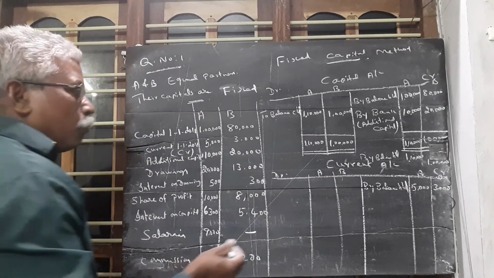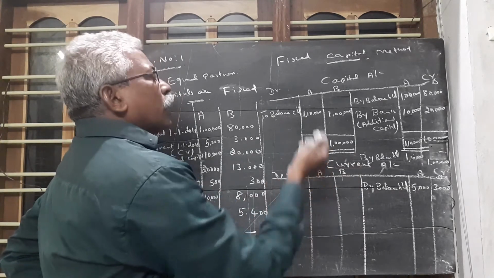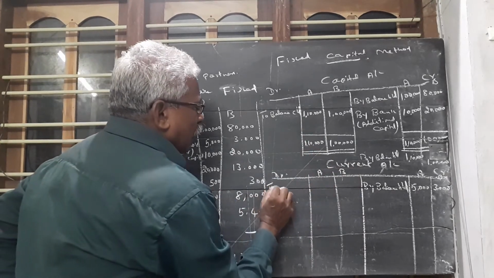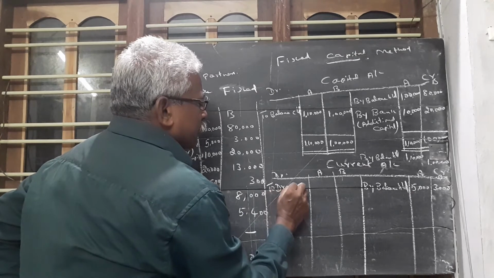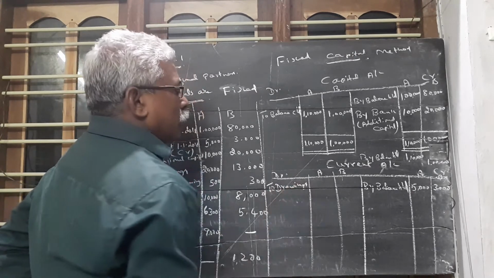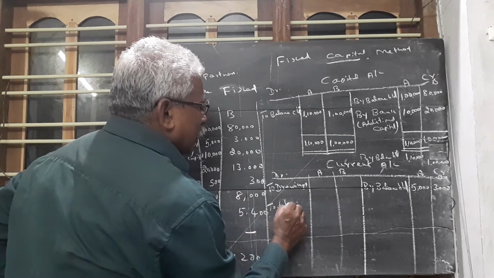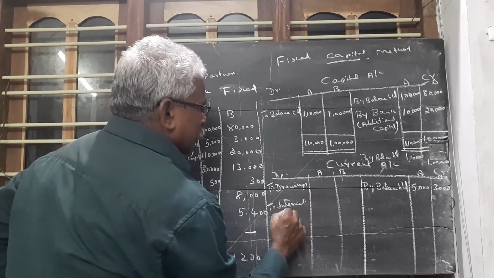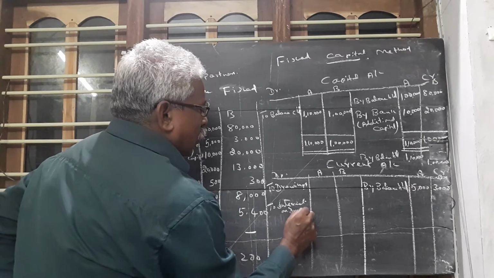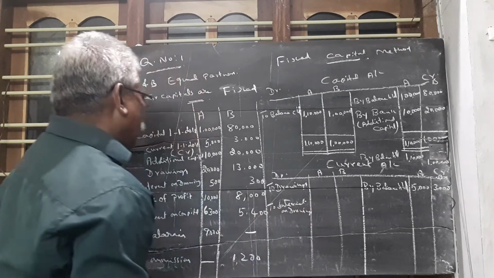Before studying the current account or capital account, drawings always come in the debit side. Drawings, and interest on drawings also comes in the debit side. All the amounts are given in the question itself.